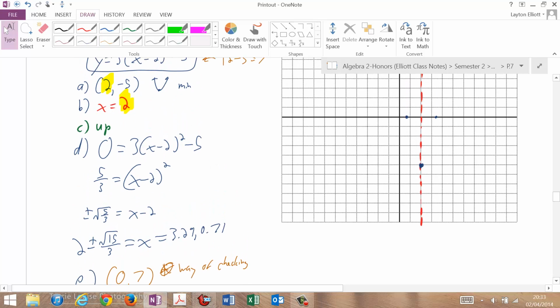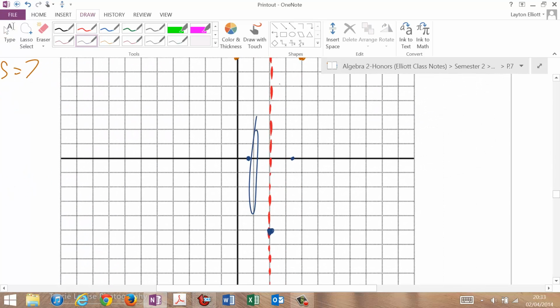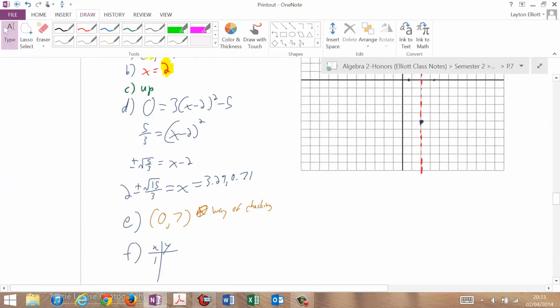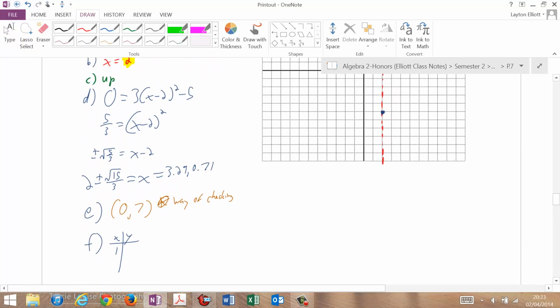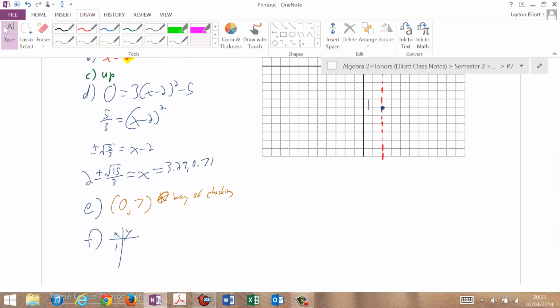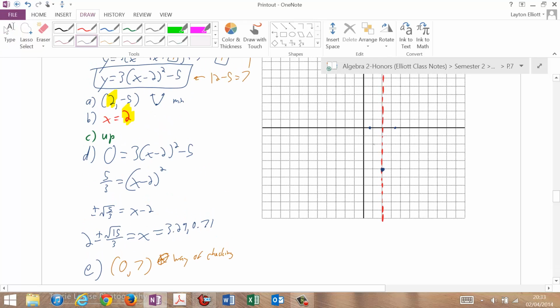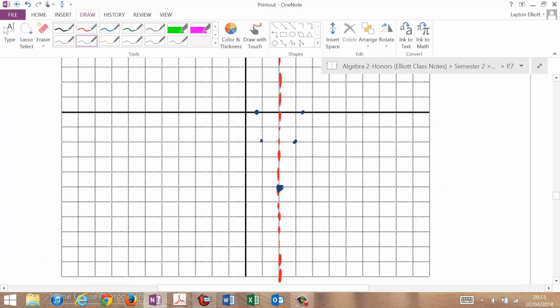If I put x equals 1, which is something we're definitely missing right there, I could do this from either the original or the graphing form. Let's do it from the graphing form. 1 minus 2 squared is 1. 1 times 3 is 3. 3 minus 5 is negative 2. I'm going to put negative 2 there, and I'm going to put negative 2 here.